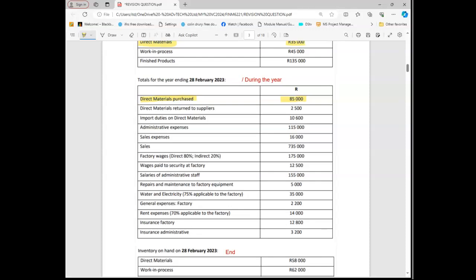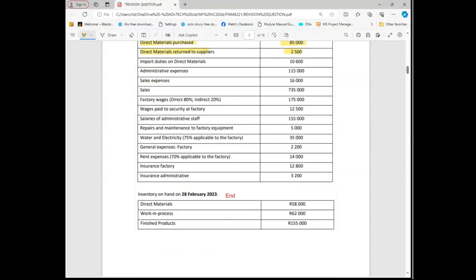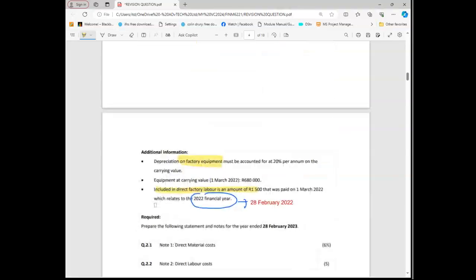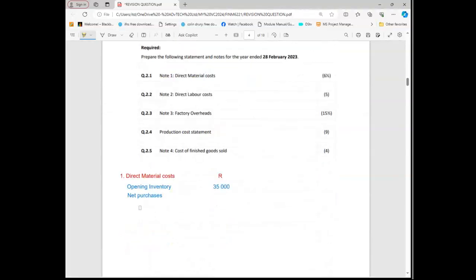But remember, we said net. So net means we must check: did they return any material back to the suppliers? Yes, sir. They did, of 2,500. So what are we going to do? We need to say 85,000 minus 2,500. That will give us net. So I'm going to go there and say net purchases.